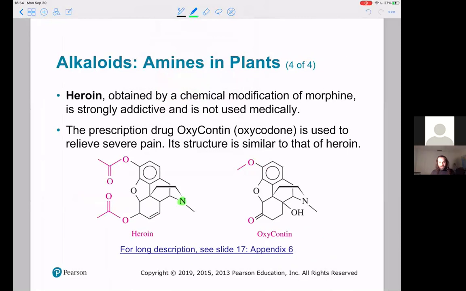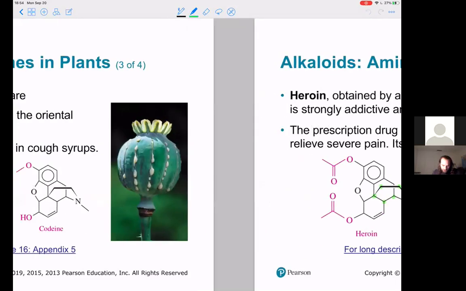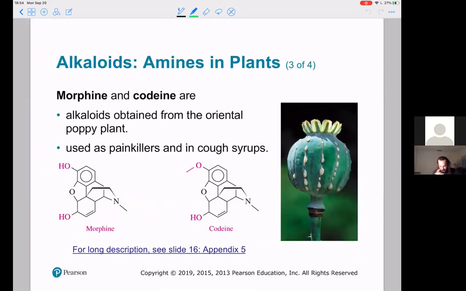I know it looks really weird in this compound because you have a ring on top of a ring kind of a deal. But indeed, this nitrogen is a member of this 1, 2, 3, 4, 5, 6 membered ring. And that's the structure of heroin. So these are all alkaloids. These other two that I glossed over would be morphine and codeine. They're similar depressants. They are used as painkillers. And those are naturally occurring in the poppy plant as well.